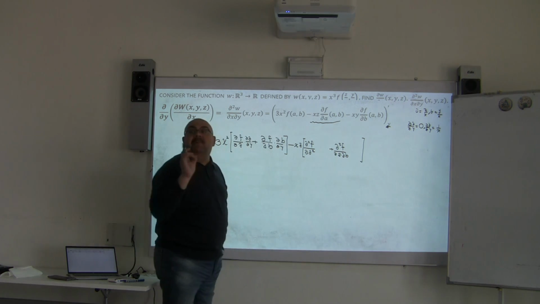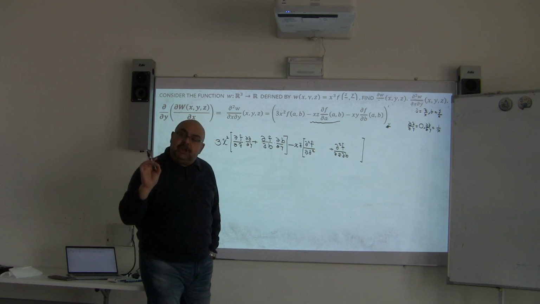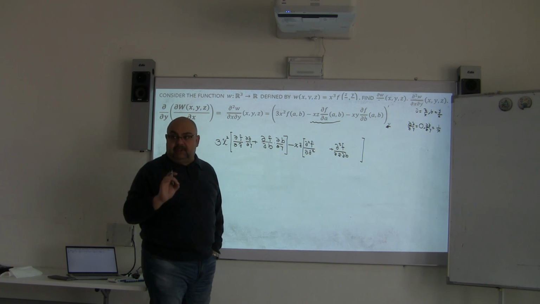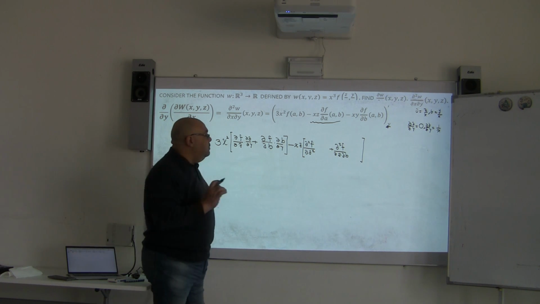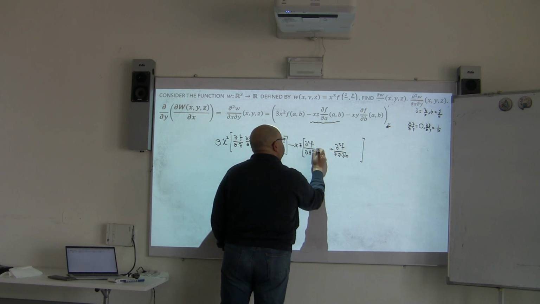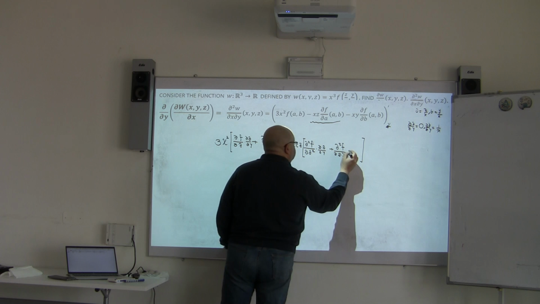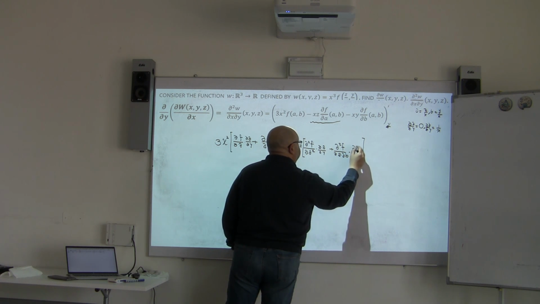That's the first step. I'm differentiating the first derivative with respect to the variables in f. Then I will drive my derivative to a and b. So I will multiply this by partial a partial y, and the same way times partial b partial y.